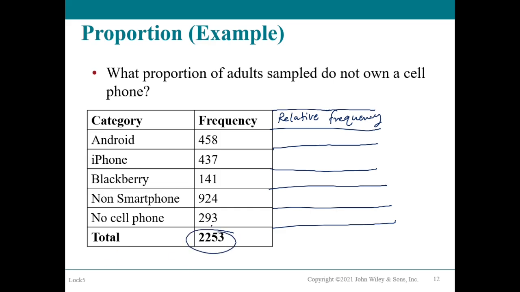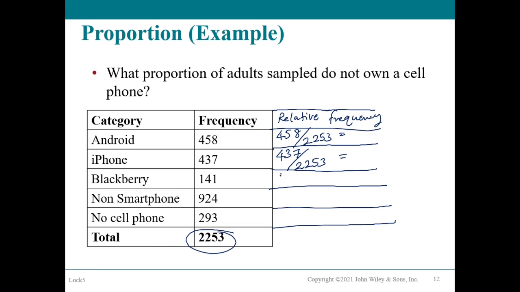The total, you can see, is 2253. So for each frequency, for example this one, 458 divided by 2253. You can use your calculators and get the answer here. The next one, this frequency, is 437 divided by 2253. The total doesn't change throughout this problem, but each frequency changes.